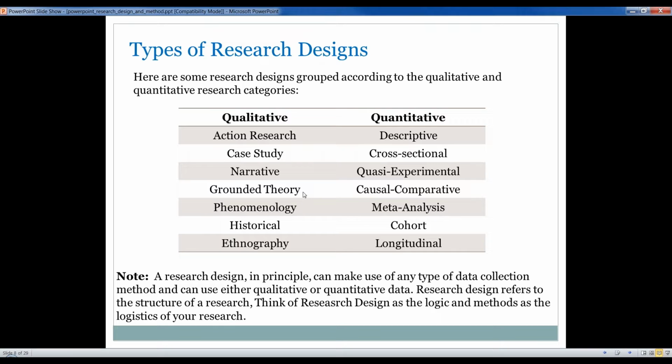Phenomenology. That's lived experiences of people. What you'll do, this is one of my favorite ones, and this is the one that you'll see quite a bit. You will maybe take 10 people, interview them with a set of maybe 10 interview questions, or maybe even a focus group, and ask them some questions, and then you'll take their lived experiences and beliefs, and then you'll build your study around that.